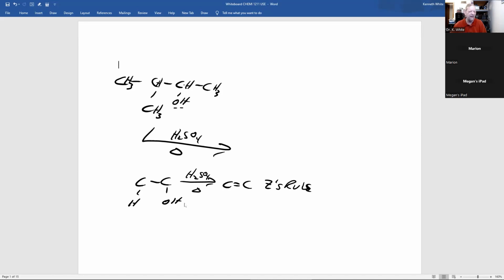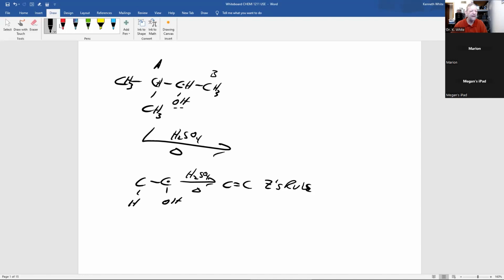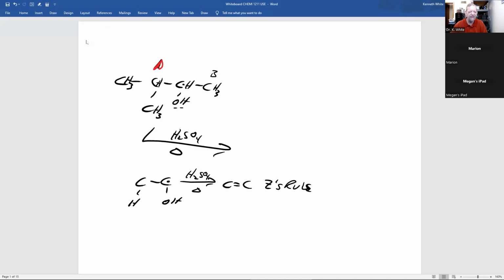Oops, let me spell that. All right, now here's the carbon with the hydroxyl group. Adjacent carbon with a hydrogen, we have one here, A, and the other one, B. Let's go multicolor.